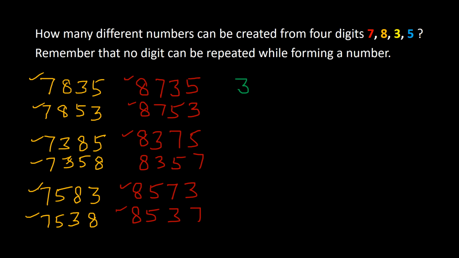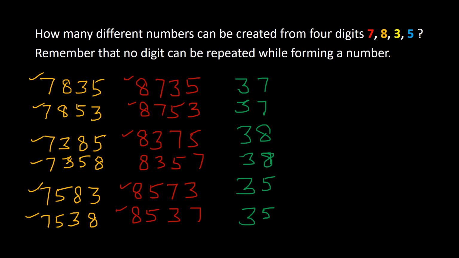So these numbers I write here 3, 3, 3. So the second digit can be 7, 8, and 5.